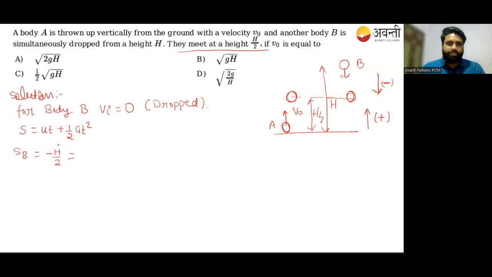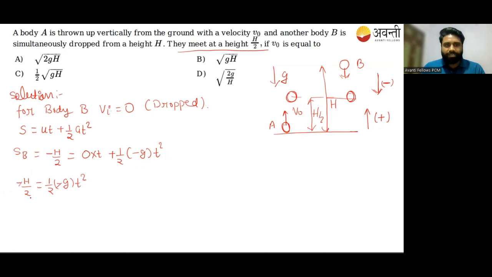So minus h by 2 equals initial velocity u, which is 0 here, multiplied with t, plus 1 by 2 times the gravitational acceleration g, which acts downward, so it is considered negative, times t square. Now from here you can say minus h by 2 equals 1 by 2 times minus g t square.